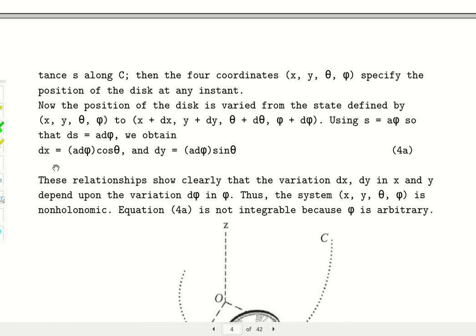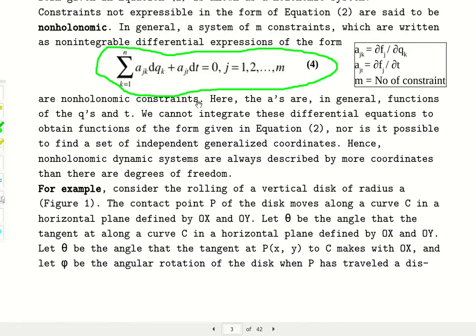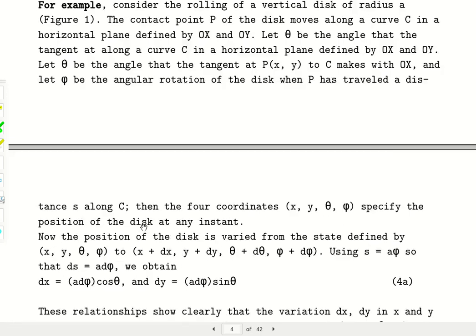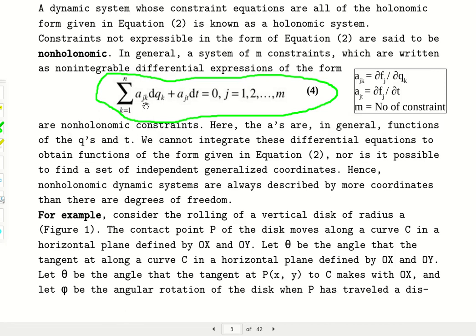You can see here the general form of the equation is written, a into dq_k. So for the generalized coordinates, in my case there are 4: dx, dy, d theta and d phi. Let us see, the coefficient of dx is simply 1, and the coefficient of d phi is simply a cos theta. So a_1j is 1 and a_2j is a cos theta.